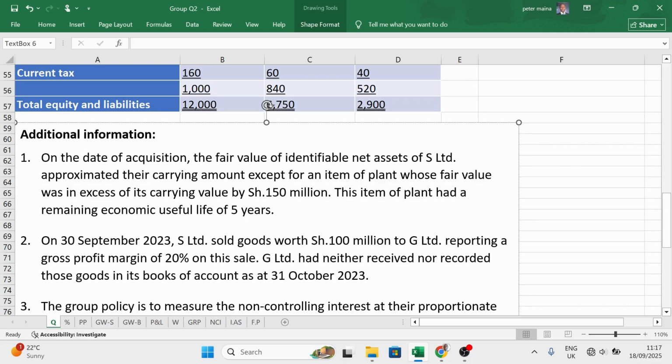This item of plant had a remaining economic useful life of 5 years.